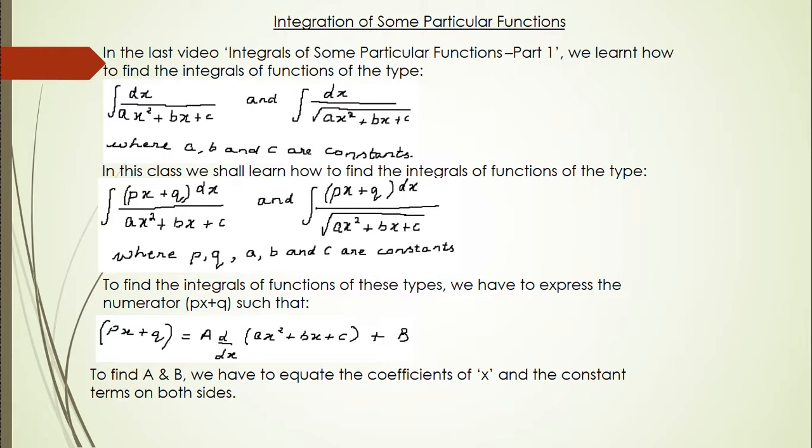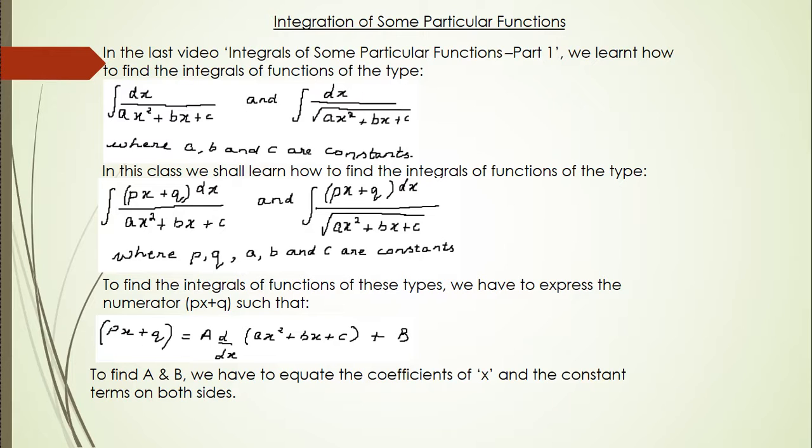To find the integral of functions of these types, we have to express the numerator, that is px plus q, such that px plus q is equal to a into d by dx of ax square plus bx plus c, plus b, where a and b are constants.